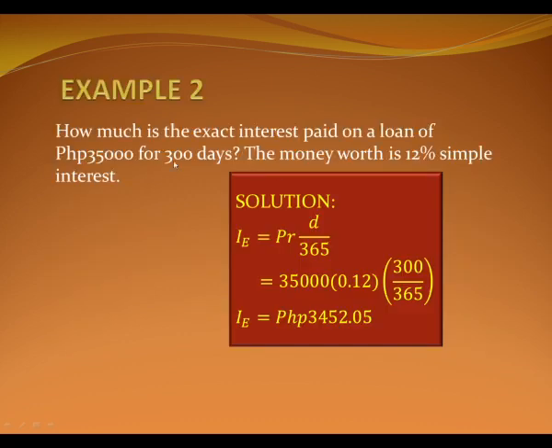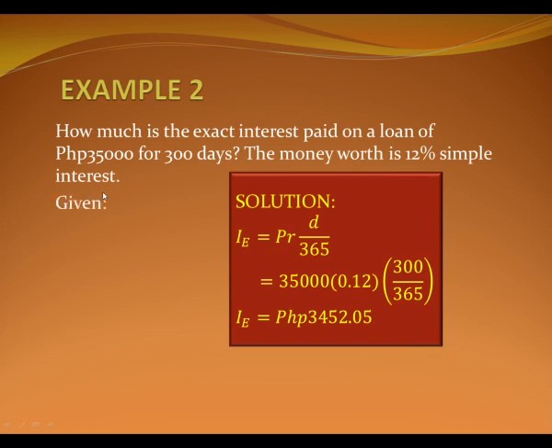Now for the second example, it says: how much is the exact interest paid on a loan of 35,000 for 300 days? So here, it is identified that we have to look for the exact interest. Similarly, the given period of transaction is a number of days. The money worth is 12% simple interest.